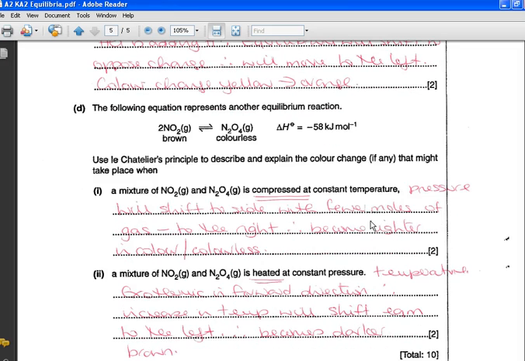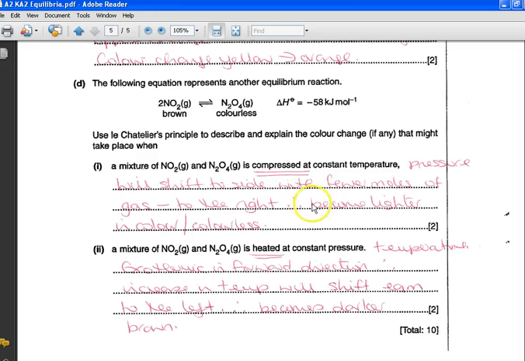And then a similar thing here, another equilibrium reaction where you're told there are different colours on either side, and then you're asked to explain the colour change that might take place.